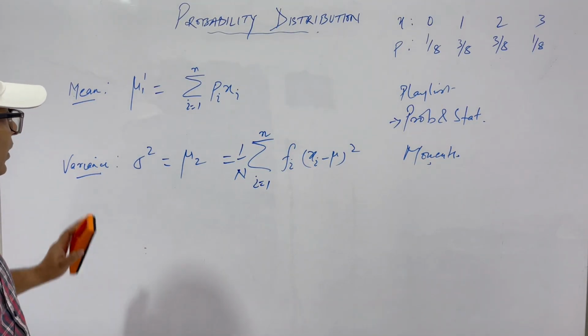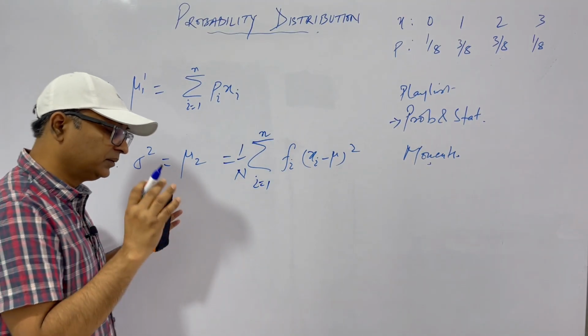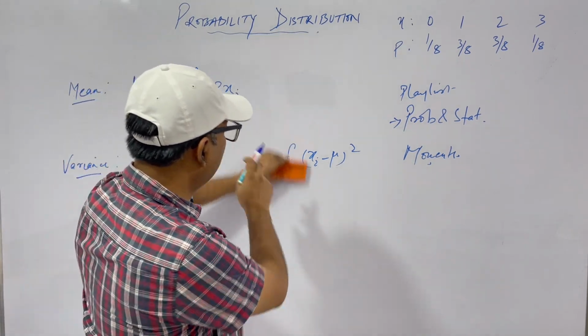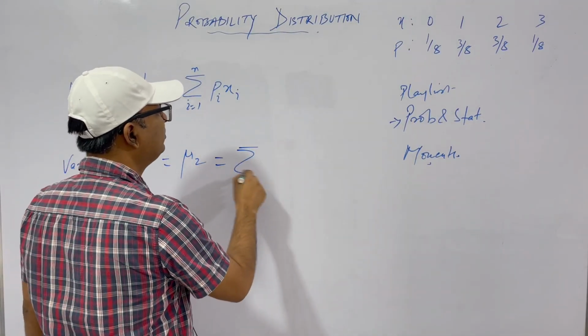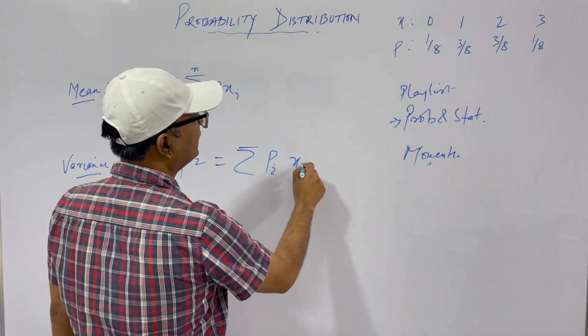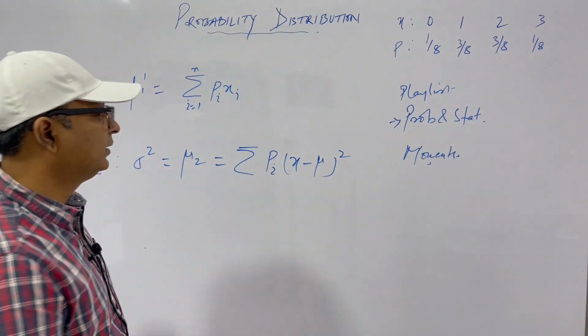Check that video and you will understand how this is equal to this. For our purpose I am shortening your effort. What you need to do is this: fi 1 by n of this is essentially equal to the summation of this into x minus mu, where mu is the mean.